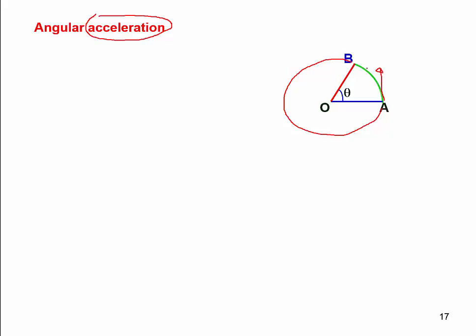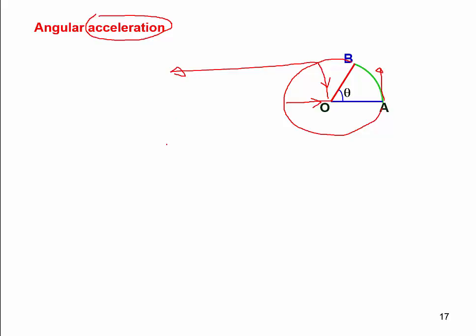Now, what is the direction of the force? The direction of the force is always towards the center. It is at right angles to the direction of motion. So, an object that is moving along a circle is always accelerating.